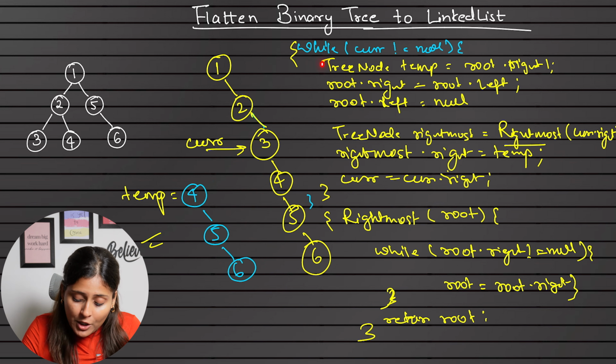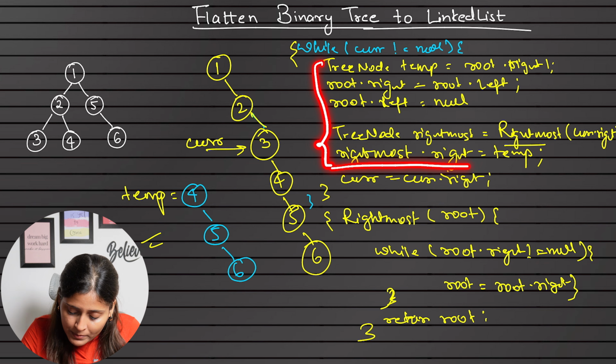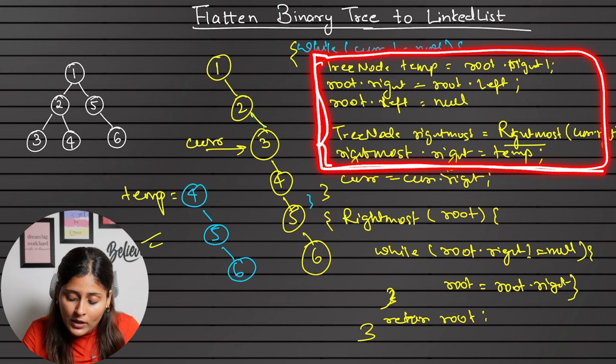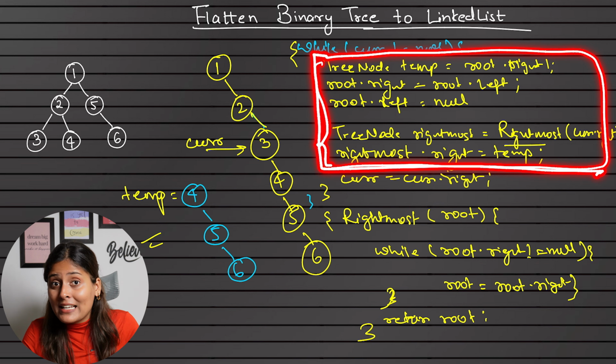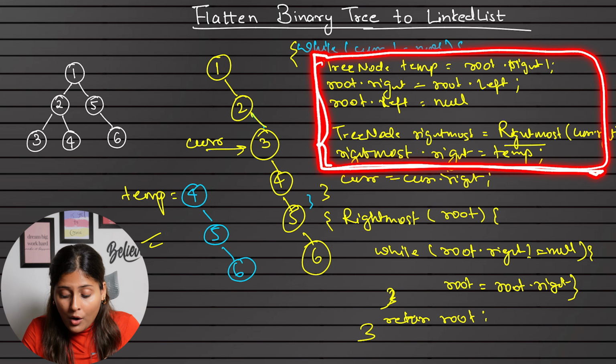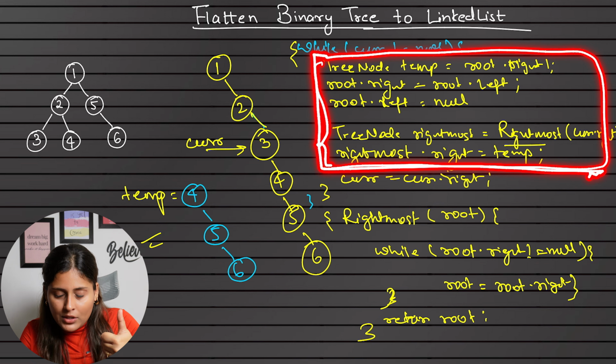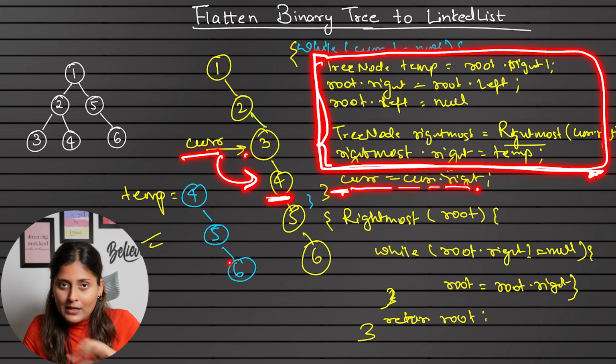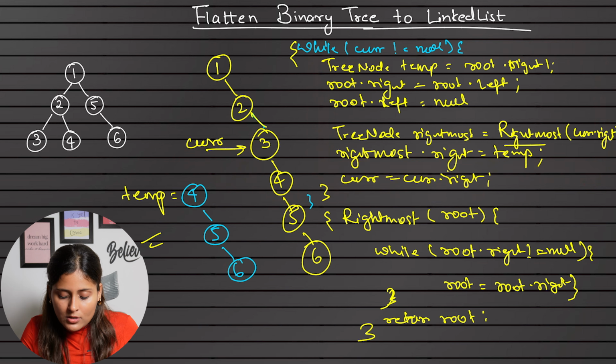So hence, do this much operation only if current dot left is not null. Why? Because whether current dot left is null or not, anyhow current is going to move towards the right side. So hence this last line, current is equal to current dot right, we have to keep outside the if case.